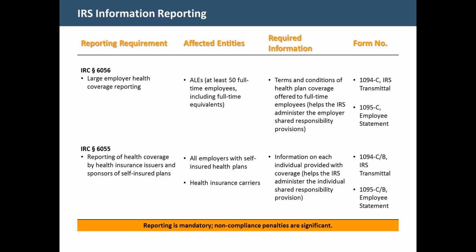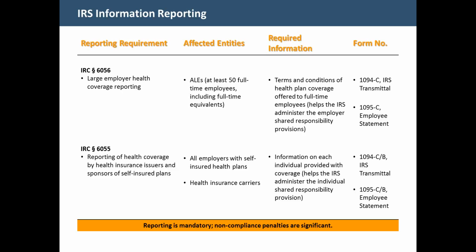The second requirement is under Code 6055. This is referred to as reporting of health coverage by health insurance insurers and sponsors of self-insured health plans. This requires all self-insured plan sponsors and health insurance carriers to report information on each individual that was provided health coverage.